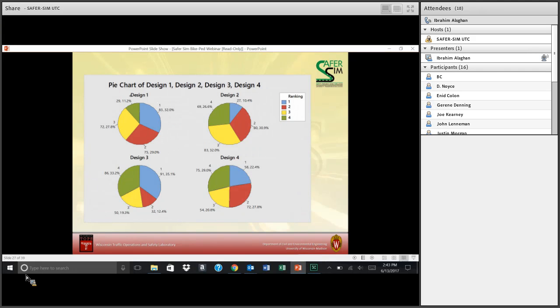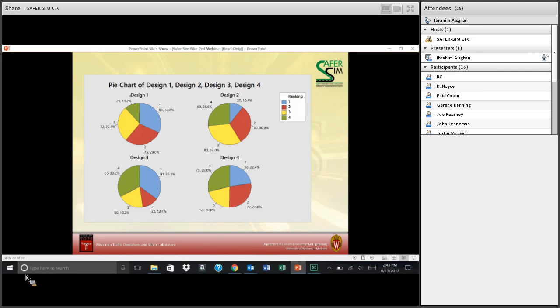As you can see here for design 1 on the upper left, almost 32% said they gave it a 1, the most preferred design.